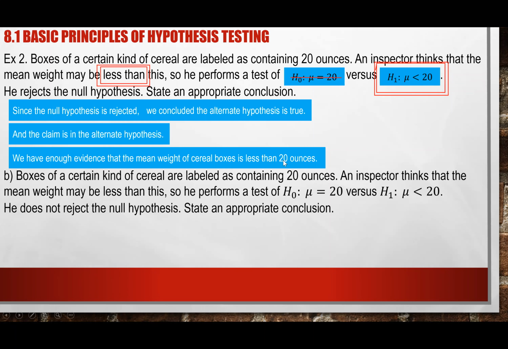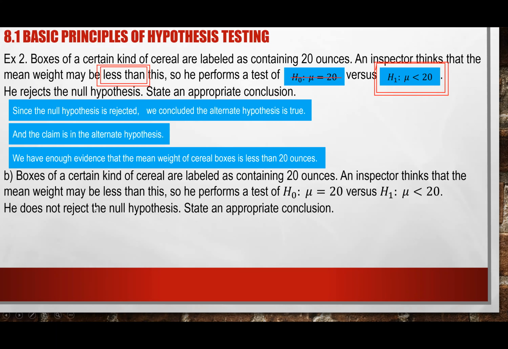Since we reject H naught, we throw it out, and we have only the alternate hypothesis left to consider, which happens to be our claim. That's why we say that we have enough evidence to support the claim that the cereal box is less than 20 ounces.